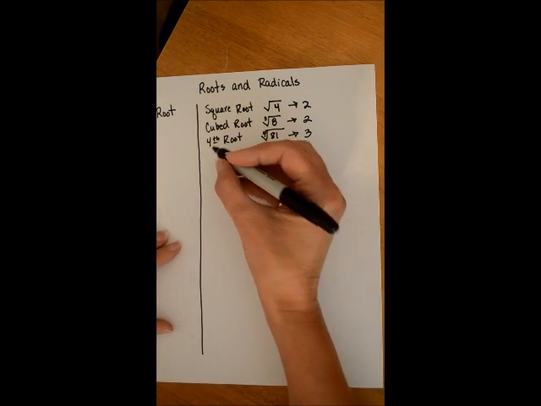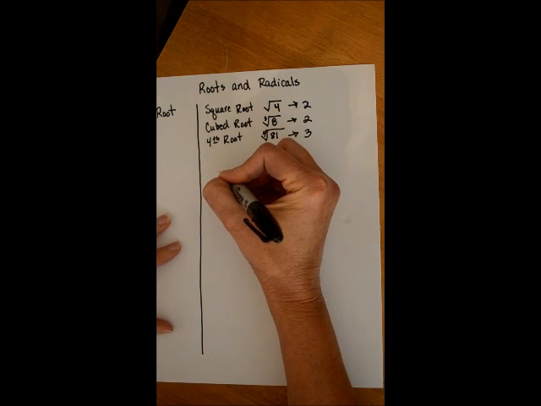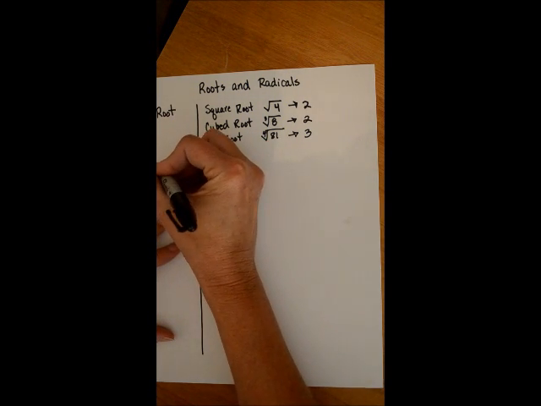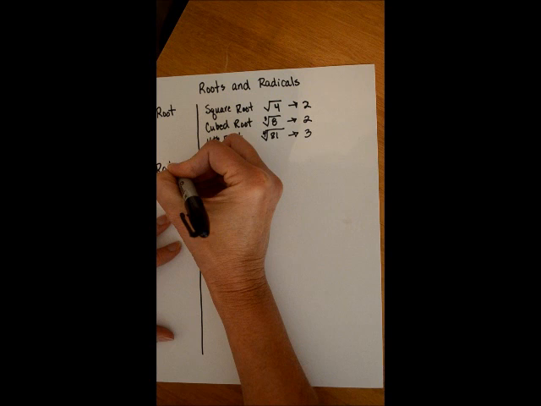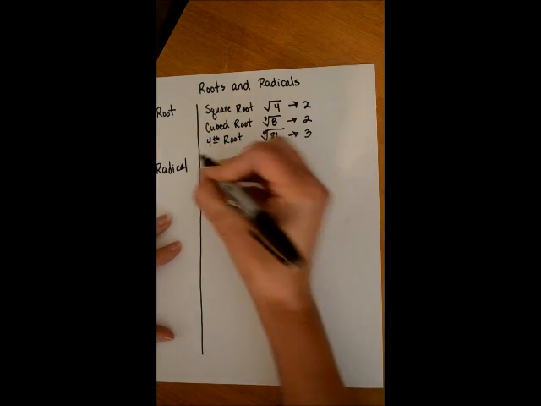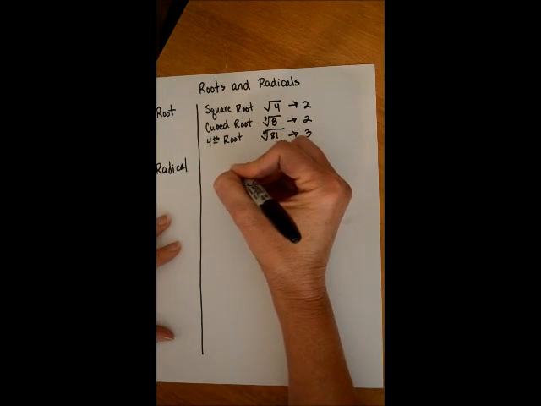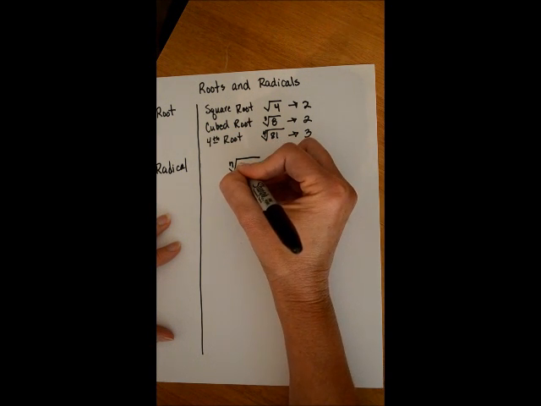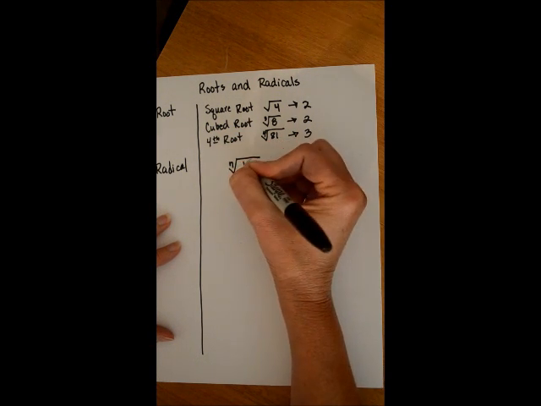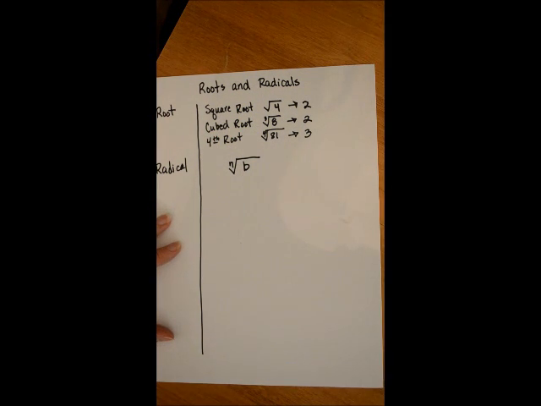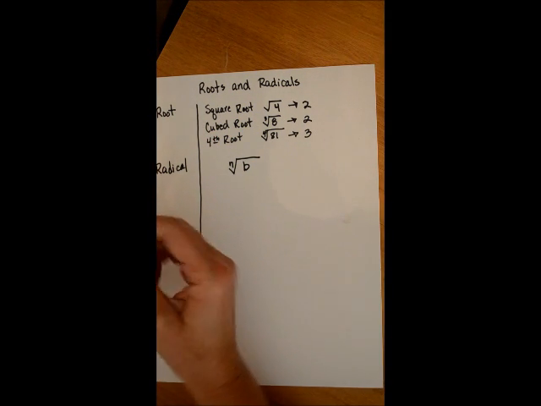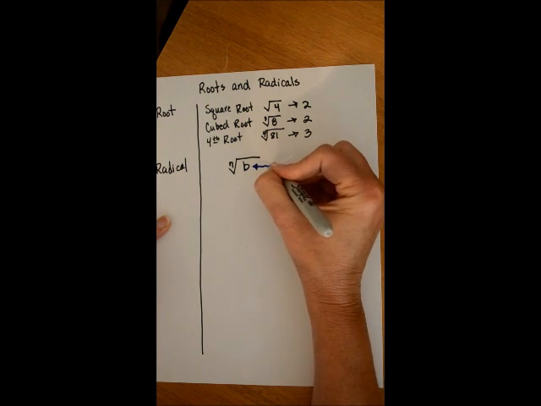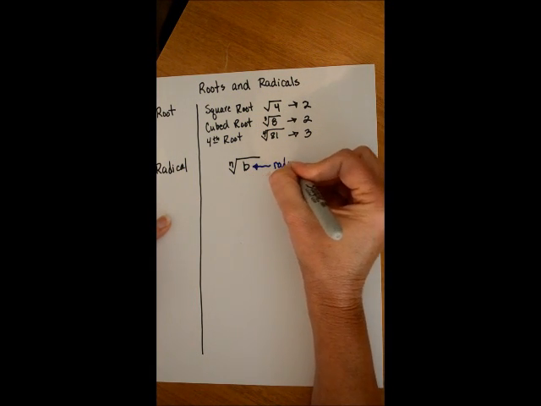When you're looking at a radical sign, let's put that out here, radical. You have this, and you need to know the parts. So the B underneath there, this B, is called the radicand.